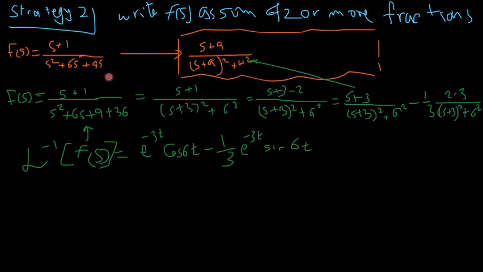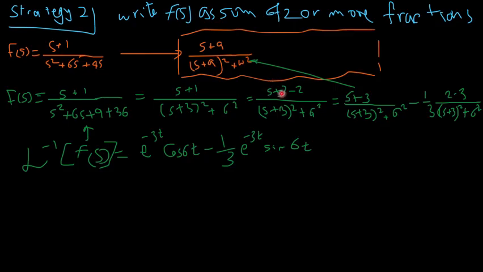So again, we need to manipulate the denominator to have it similar to this expression. We can do this by writing s squared plus 6s plus 45 as s squared plus 6s plus 9 plus 36. Again, s squared plus 6s plus 9 can be written as s plus 3 squared, and the 36 is 6 squared. The s plus 1 in the numerator, we need to have as s plus a.